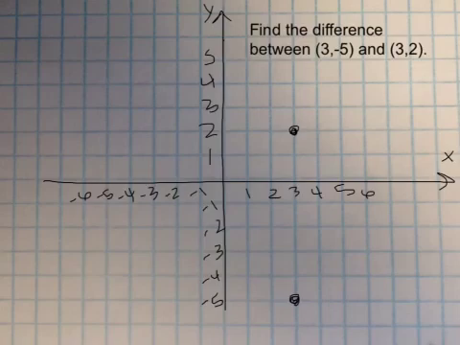Find the difference between them, just means that we're going to count from there to there. 1, 2, 3, 4, 5, 6, 7. There's a total of 7 steps between them. That's the difference between the two. And what type of line does it create? Does it create a horizontal, flat, or vertical, up and down? It creates a vertical line. So that would have been the correct answer for that.